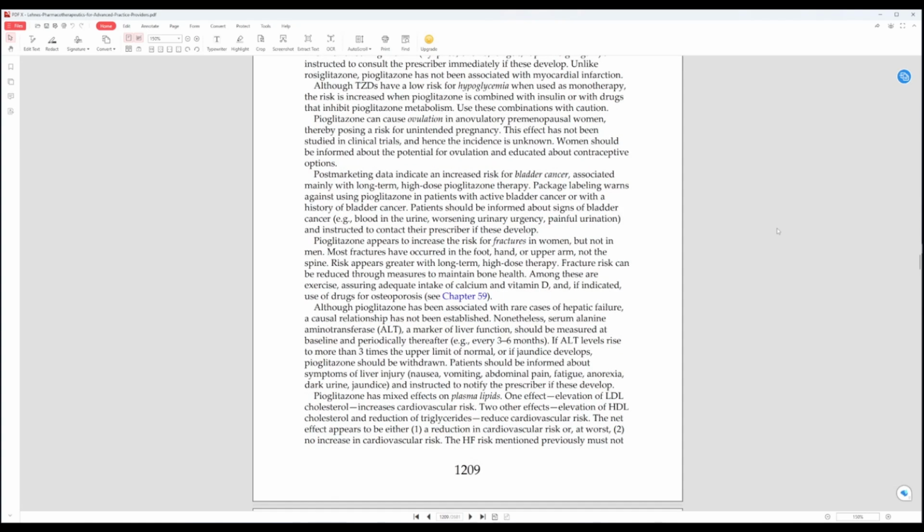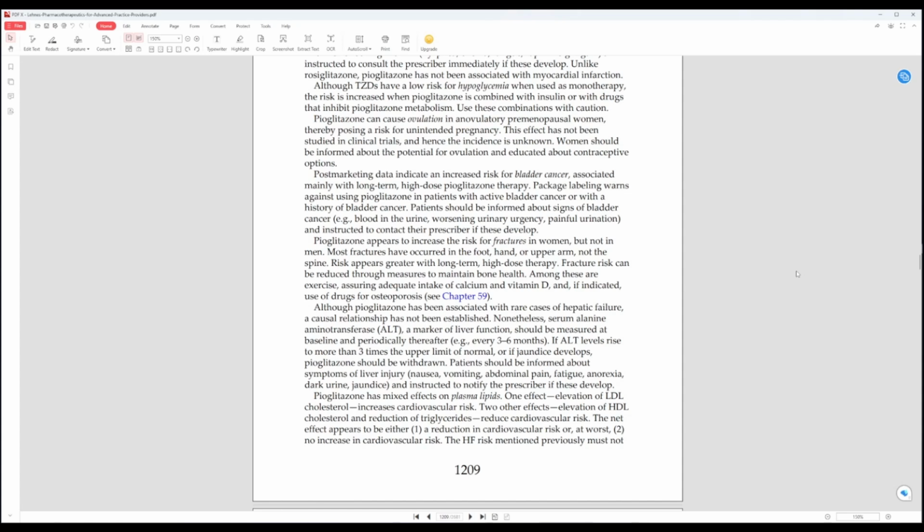Pioglitazone can cause ovulation in anovulatory premenopausal women, thereby posing a risk for unintended pregnancy. This effect has not been studied in clinical trials, and therefore the incidence is unknown. Women should be informed about the potential for ovulation and educated about contraceptive options.